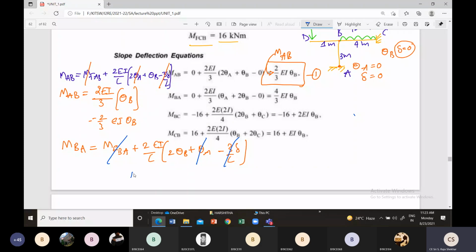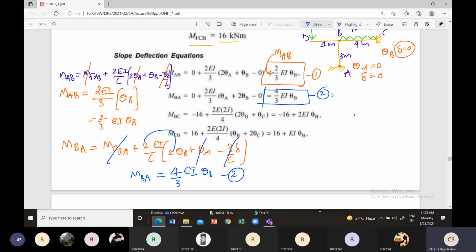Now MBA will be equal to 2 into 2, 4 EI by L, with L equal to 3 meters. So substitute 3, it is 4 by 3 EI theta B. So MBA will be equal to 4 by 3 EI theta B. So this is equation number 2.